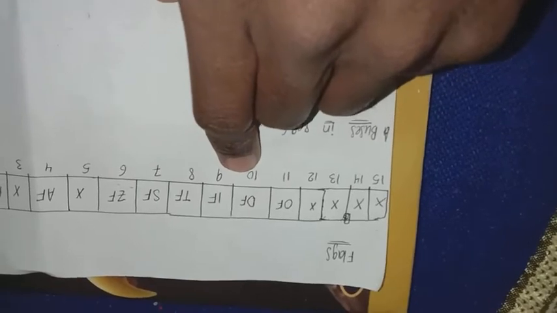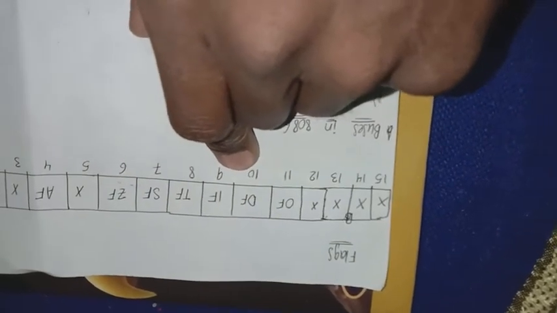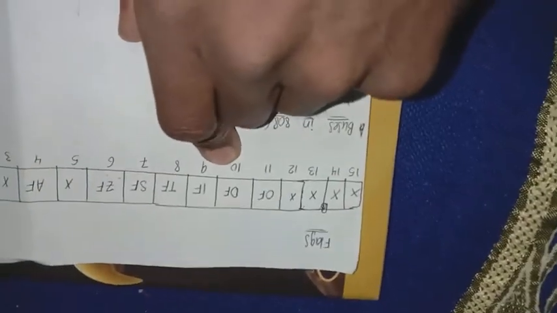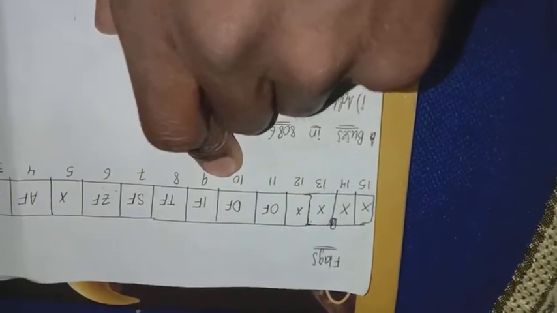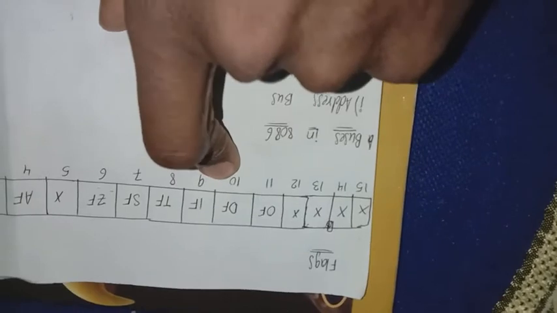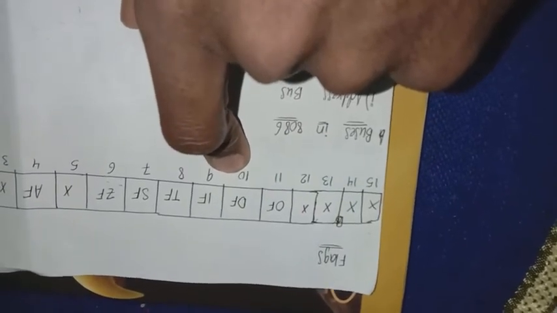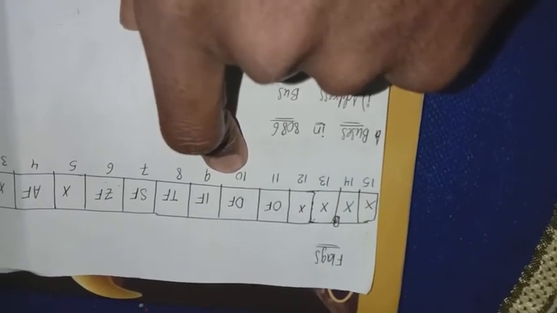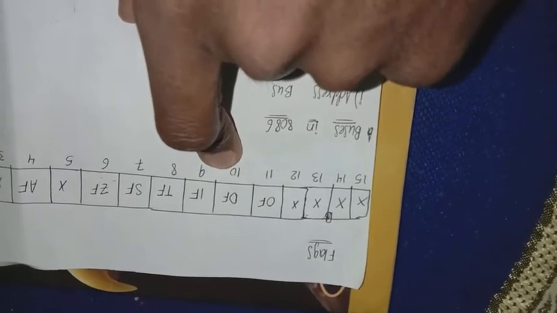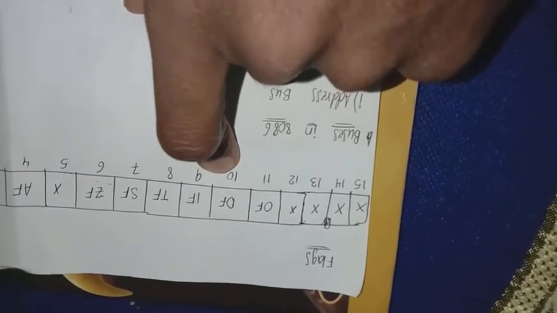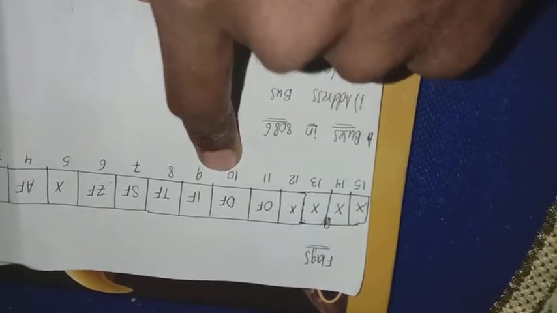And DF is the direction flag. This direction flag is used when there is an operation on strings. When we study strings, when we copy or transfer a string, the index is incremented by itself.